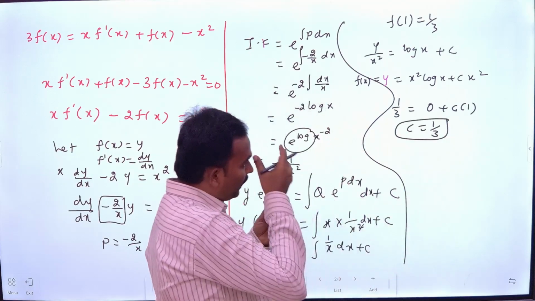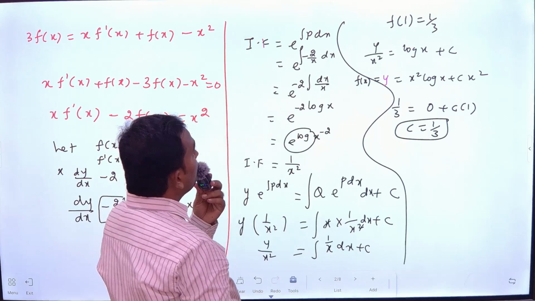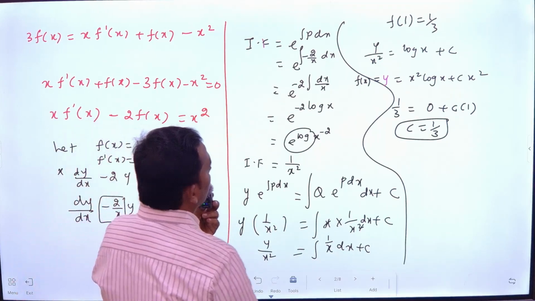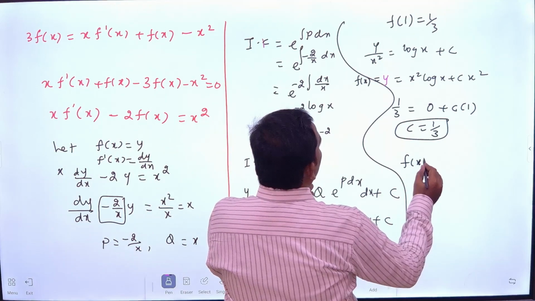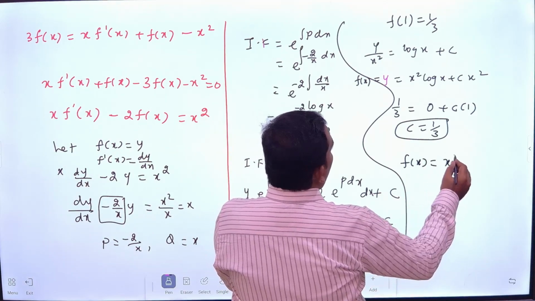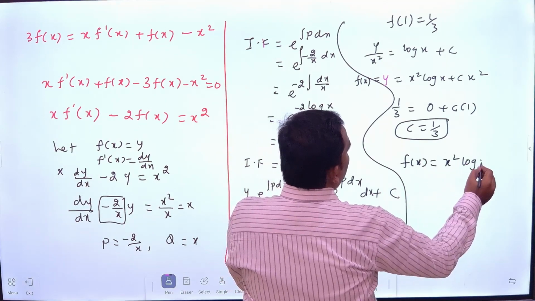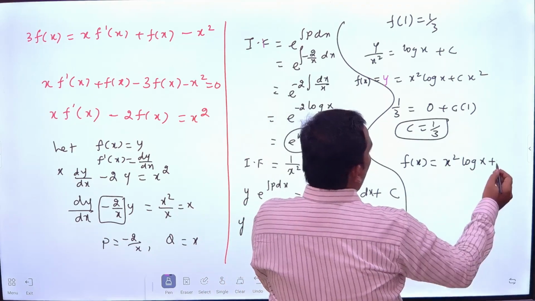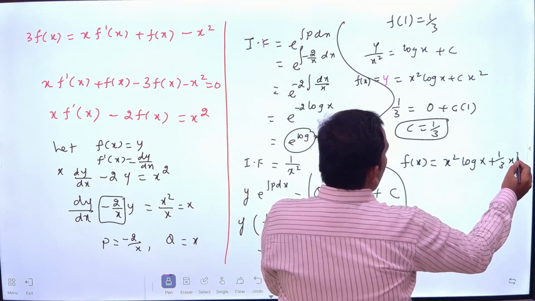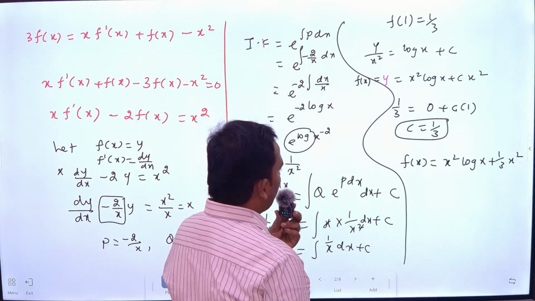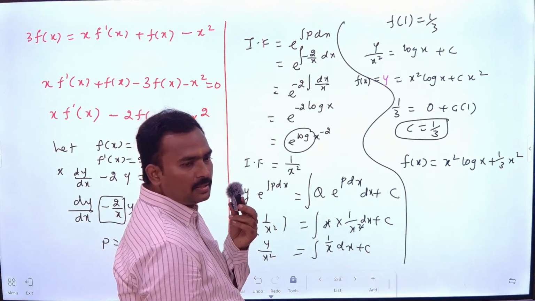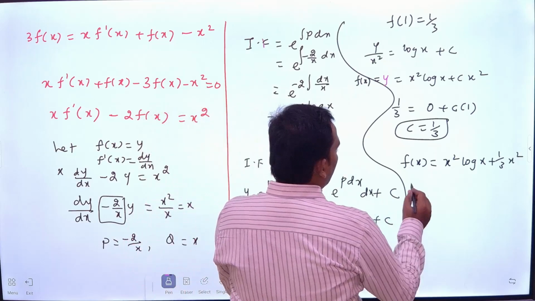Clear? Okay. Then, how to find out the function here? F of x is equal to x square log x plus c, which is 1 by 3 x square, right? Okay, fine. So this is your original function f of x, right? Then how to find out the f of e?